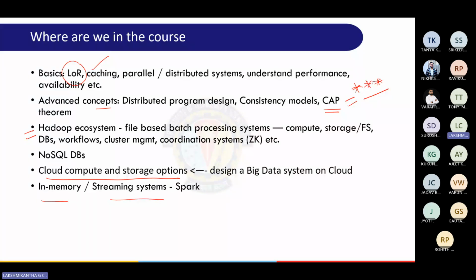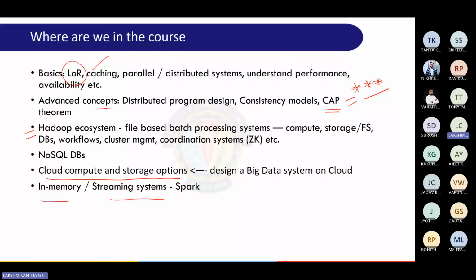You see, guys, the learning path is logical, from theory to on-prem distributed systems and now to cloud native big data architecture.